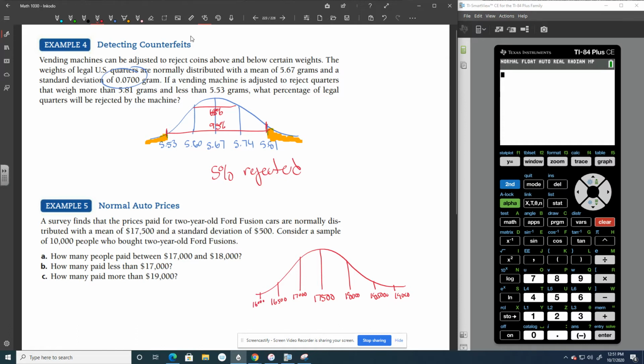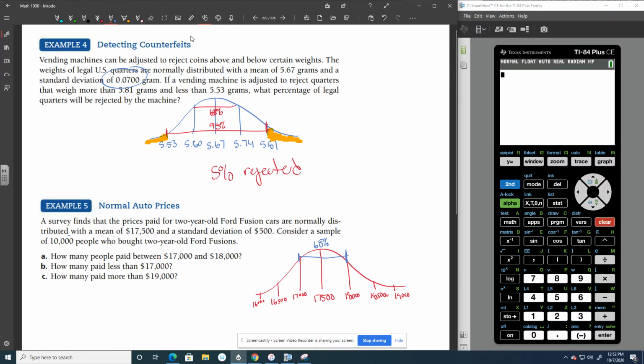Okay. Consider a sample of 10,000 people who bought Ford Fusions. Part A, how many people paid between 17,000 and 18,000? Well, 17,000 is right here, 18,000 is right here. And I know that this group right here is 68% of my people.